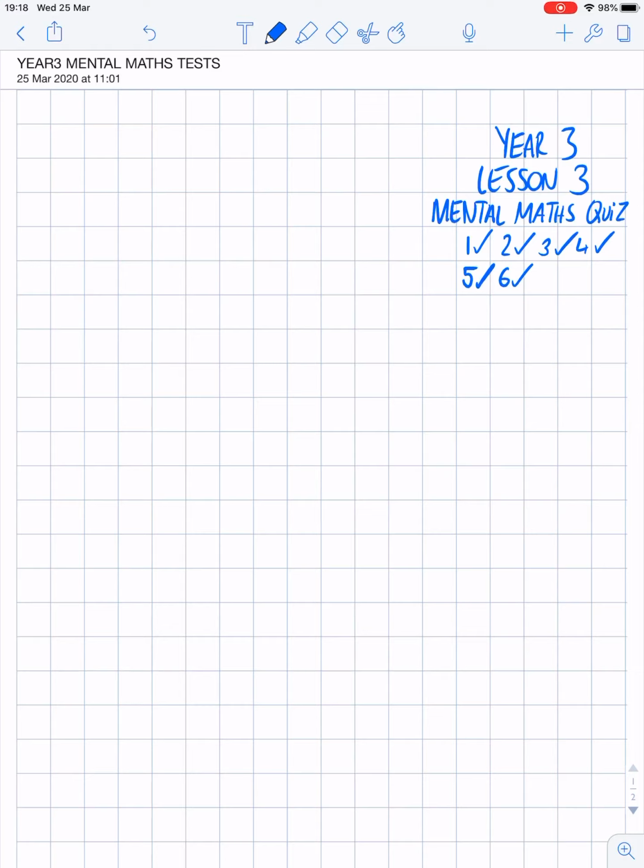Double the number 35. Question 8. Round 112 to the nearest 100. Round 112 to the nearest 100.